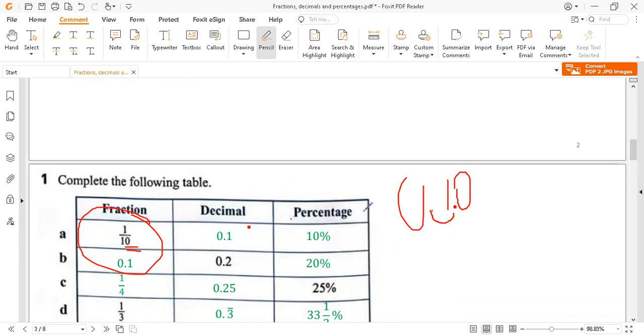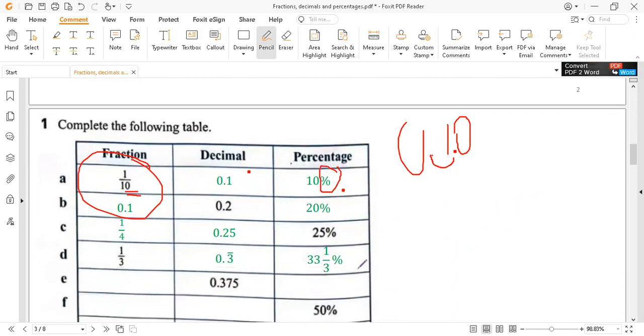And from decimal to percentage, we can easily multiply by 100. For the fraction 1 over 10, multiplying by 100 gives 10%, when we add the percent sign.